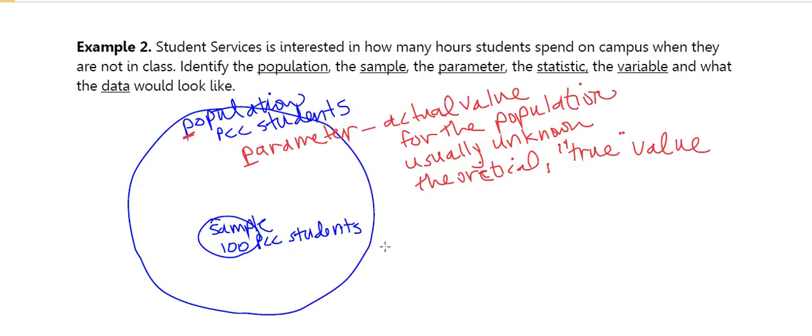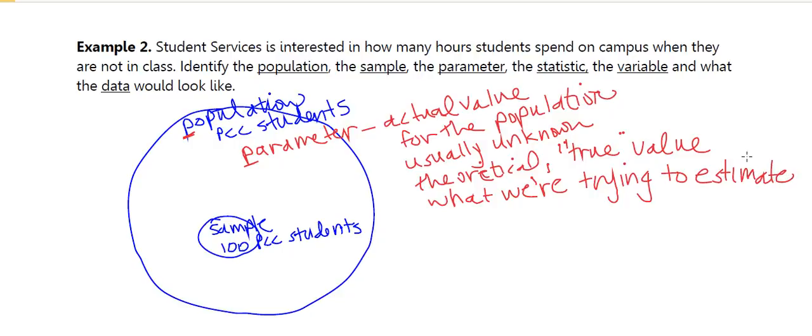That is what we're trying to estimate. So let's write that too. What we're trying to estimate.